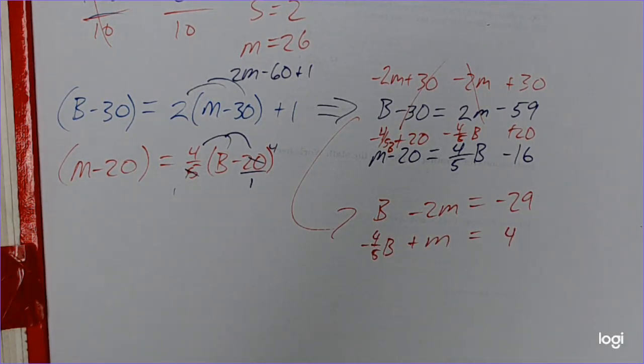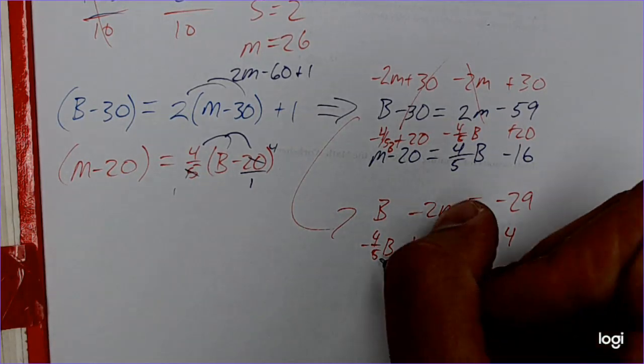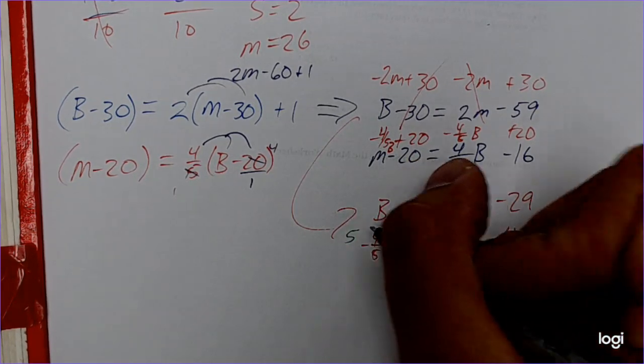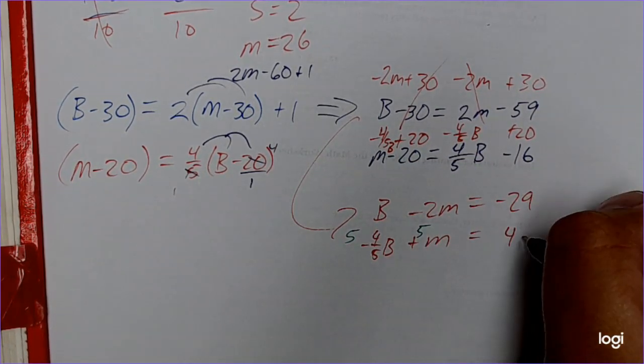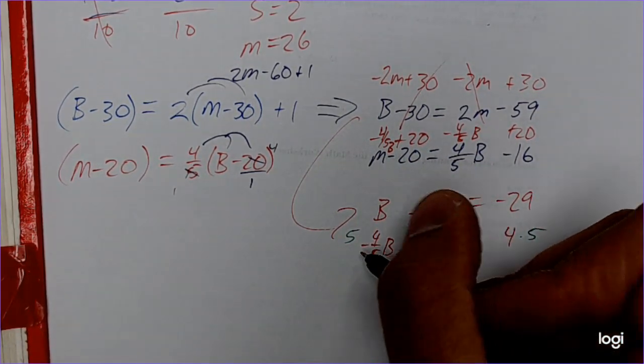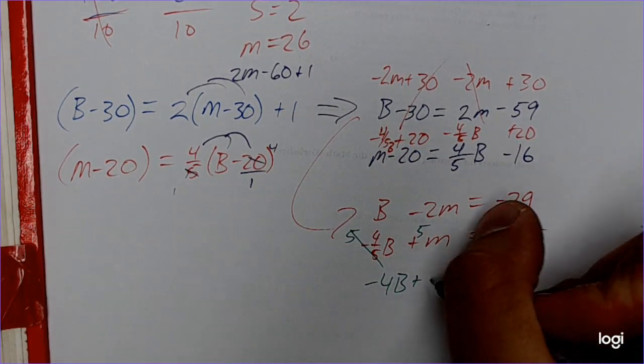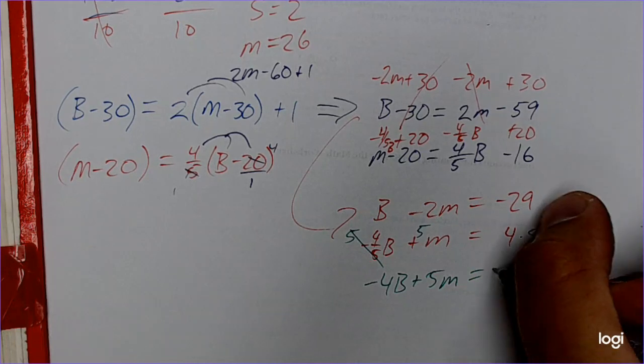I could try to get rid of it now, or I could eliminate the m's and get rid of it later. There's a couple ways I can do this. I'm a big fan of not having the fraction in there, so I'm going to scale this entire bottom equation by multiplying by 5. So if I multiply everything by 5, it's going to be negative 4b plus 5m equals 20.